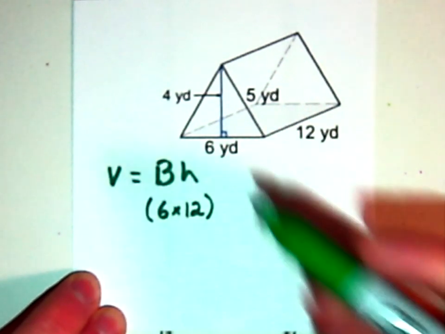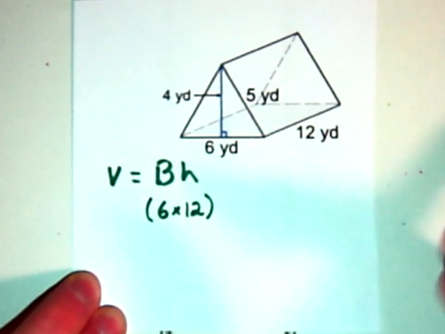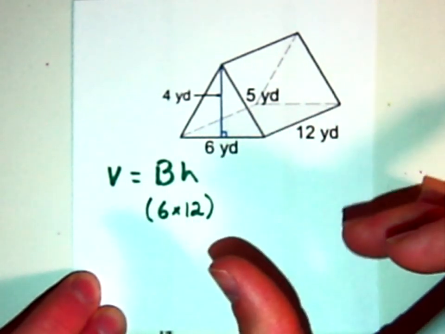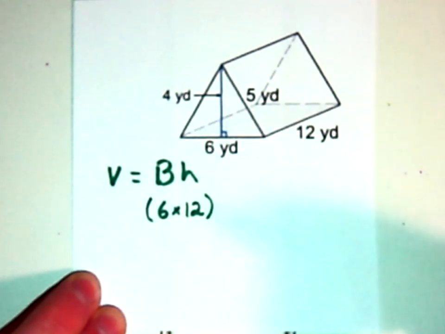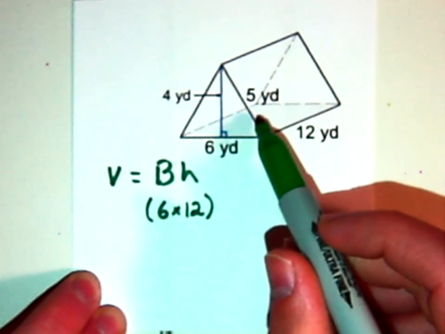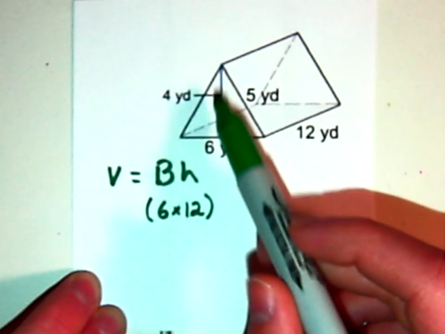A lot of times we like to think of our base as our bottom, like the base of a house or the base of a tree. But with these three-dimensional shapes, they can twist or turn the shape so it doesn't look like what we would think of as the base. But the base is one of the faces, and then there is a right angle formed off of that base, measuring the height.